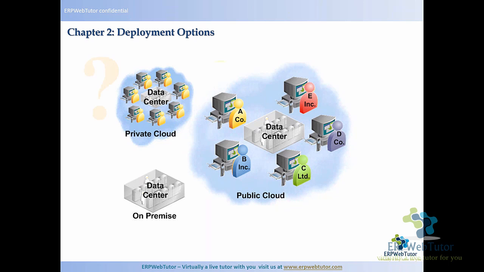The most common of all of these is the public cloud, where you have the data center and different companies can have their instance hosted in that data center and they are accessing the application.